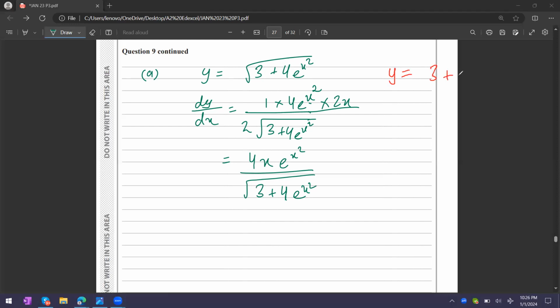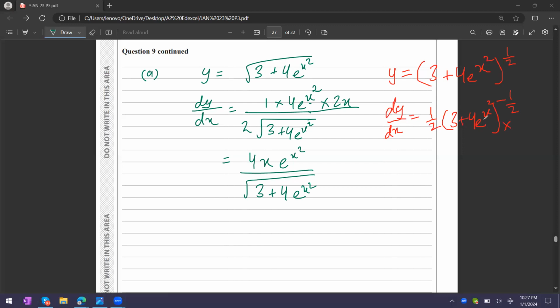It's never discouraged that way if you are not too fast or sure about directly doing it. So dy by dx, bring the power down, 1 by 2, 3 plus 4 e raised to power x square. Subtract 1 from the power, so minus 1 by 2.